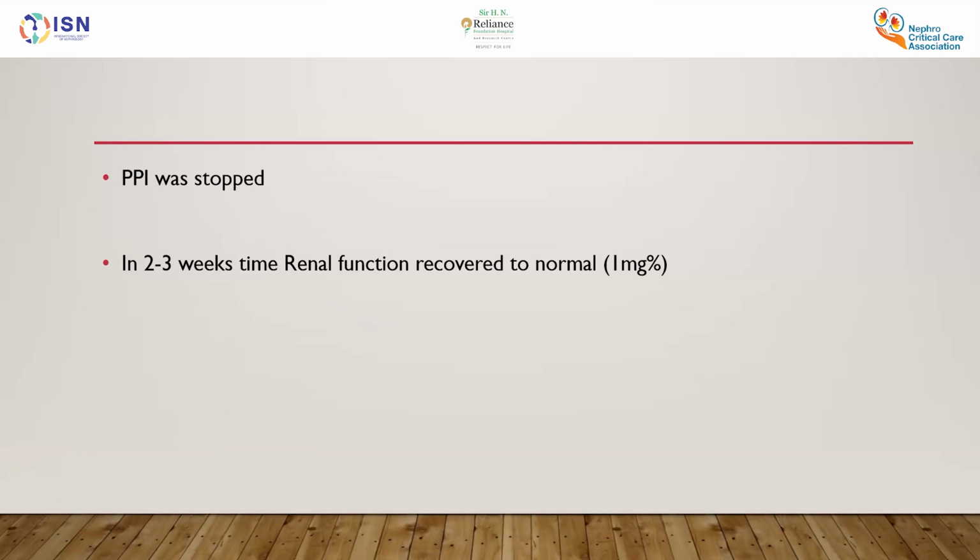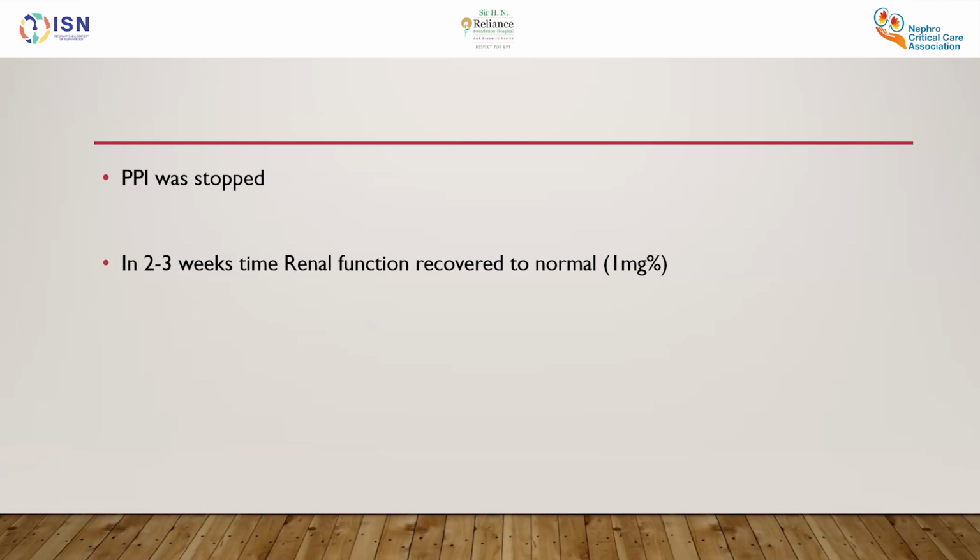It's like Koch's postulates. Which is the last one in Koch's postulates in infection? Rechallenge. So if you rechallenge, or the patient accidentally takes a PPI again and gets it, then for sure you can say this. Because AIN is essentially a hypersensitivity-like reaction. Correct. It's like a classic type 3, or what used to be called serum sickness.